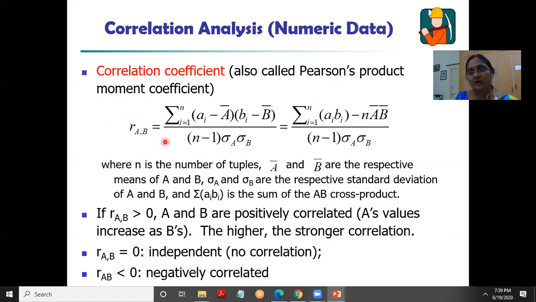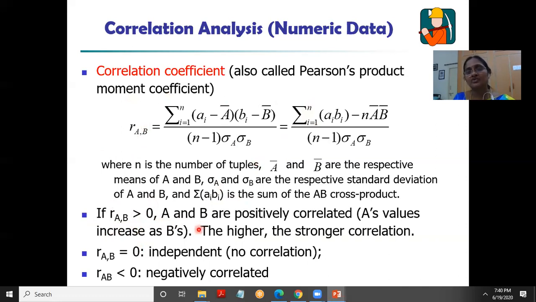We calculate it using this formula, where N is the total number of tuples, A bar and B bar are the mean values of attributes A and B, and sigma A and sigma B are the standard deviation values of A and B. This is the summation over all the values of attributes A and B, from i equal to 1 to N. After calculating this, if the correlation coefficient is greater than 0, then both attributes A and B are positively correlated.